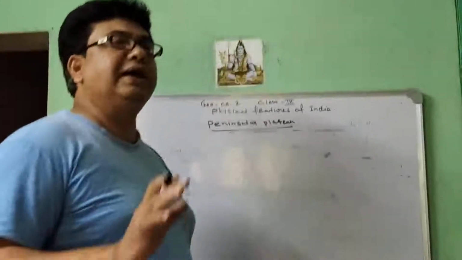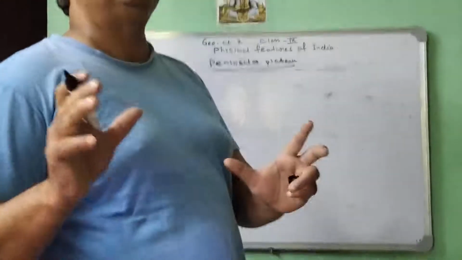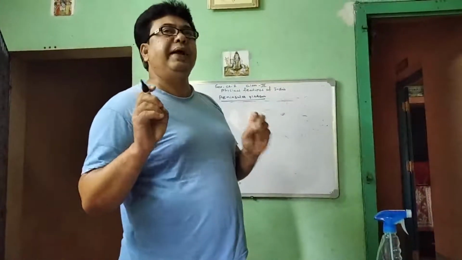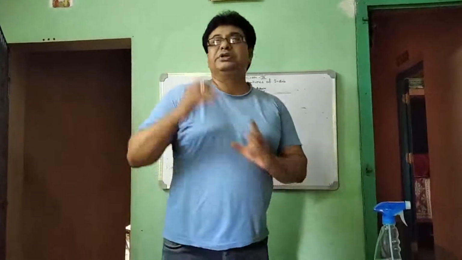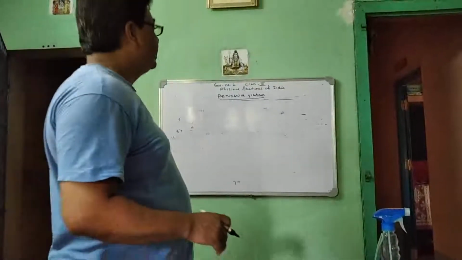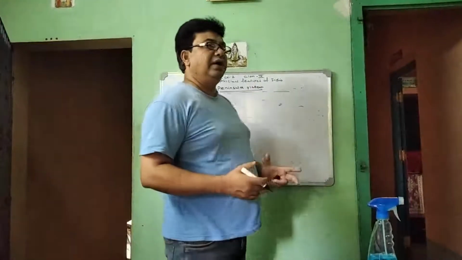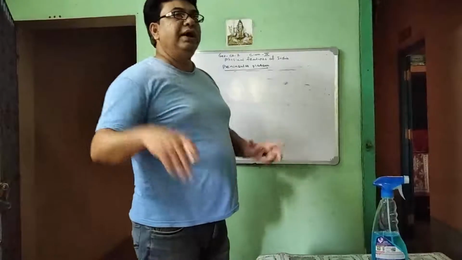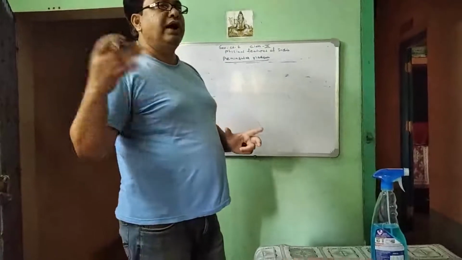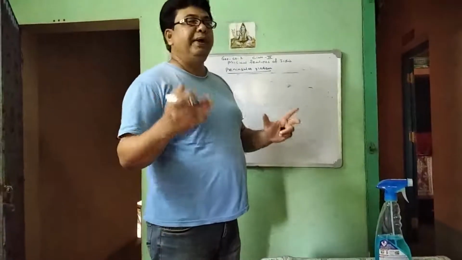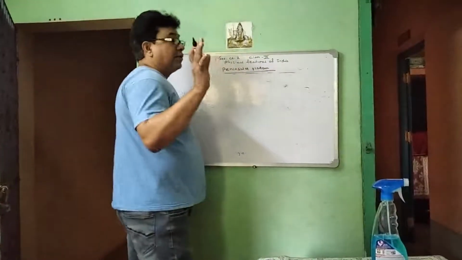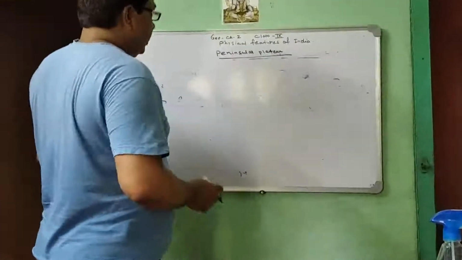A landmass which is covered by water on three sides is known as a peninsula. The southern side of India is known as a peninsula because it is covered by the Indian Ocean, the Arabian Sea and the Bay of Bengal. So you can understand the meaning of peninsula.